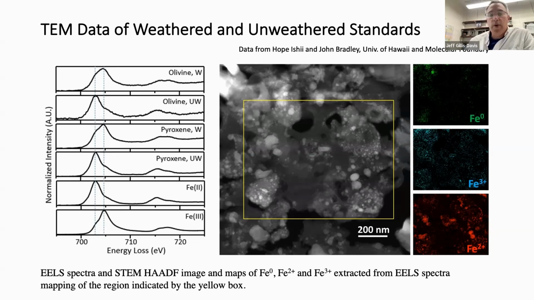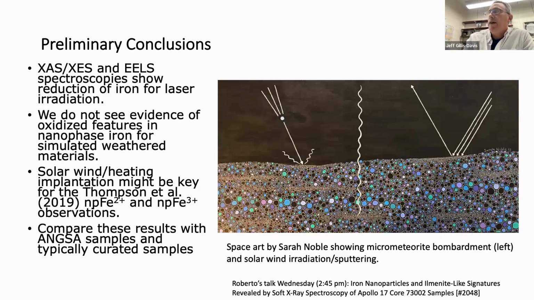So this is still work in progress, and we're starting to do similar analysis on some of the ANGSA samples now. But for now, our preliminary conclusions are that both with the X-ray emission and absorptive spectra and EELS, we see a reduction of iron using the laser radiation.